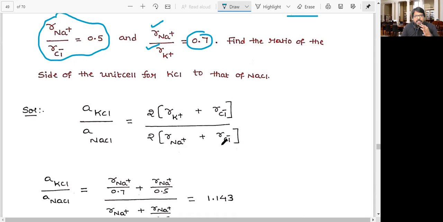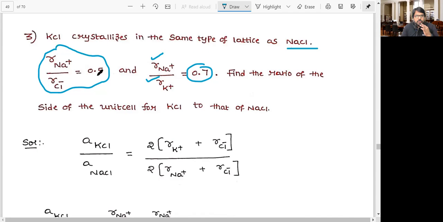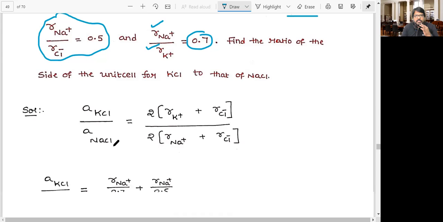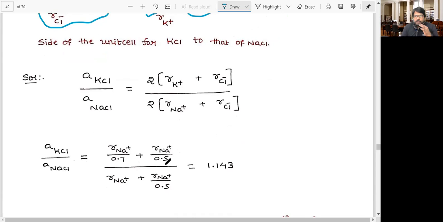And in place of radius of chloride ion, bring this chloride ion this side and 0.5 this side, you'll be getting radius of Na plus by 0.5. Here already we have radius of Na plus. This is radius of Na plus by 0.5, and 2 and 2 are getting cancelled.